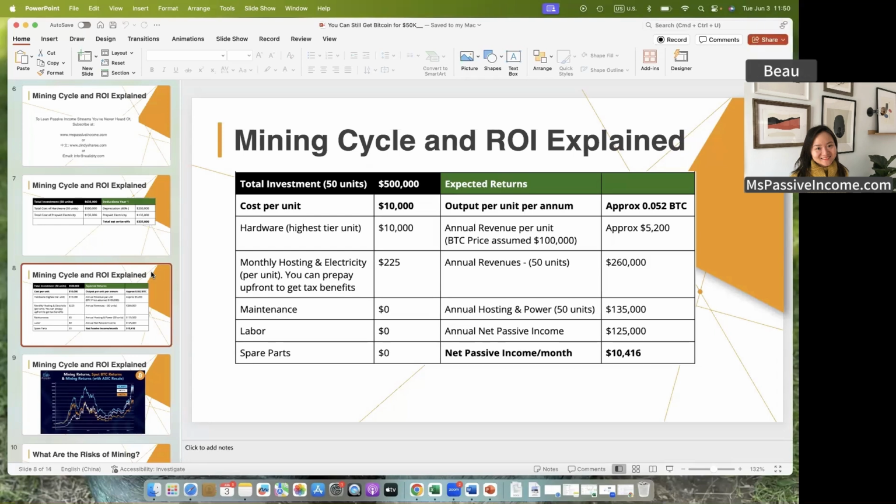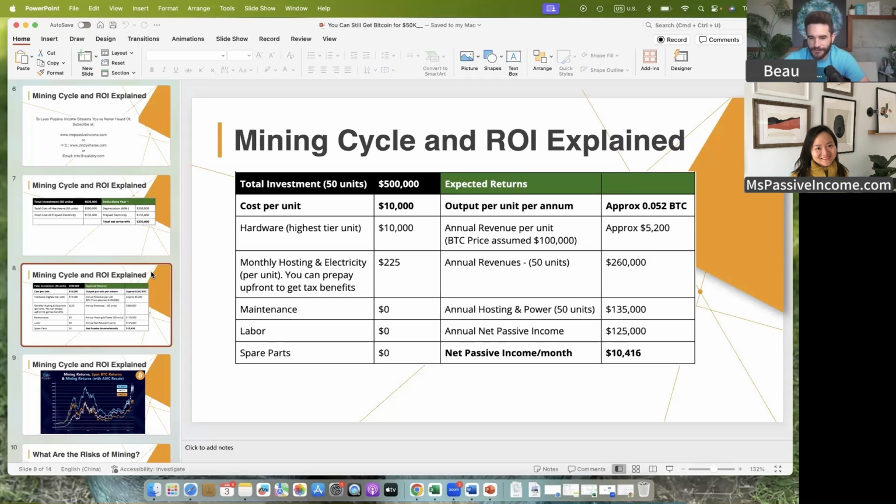Right. And can you explain the expected returns on the right? Absolutely. On the right, you've got your output per unit per year. That's right now 0.052 Bitcoin per unit per year, about $5,200 if Bitcoin's at 100K, which we're sitting just over at the time of this recording. So with 50 units, you should expect about $260,000 in revenues.